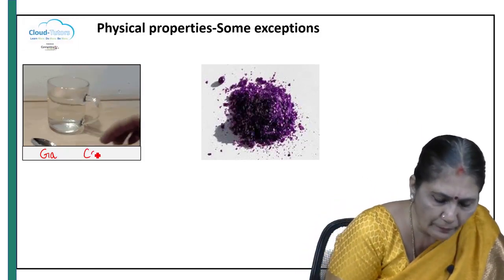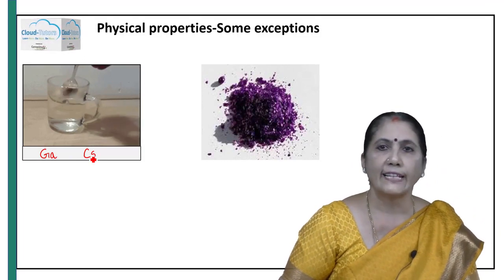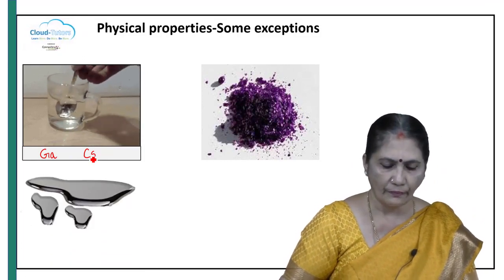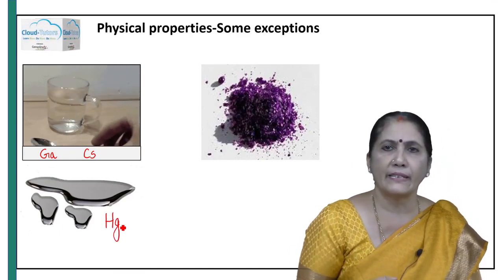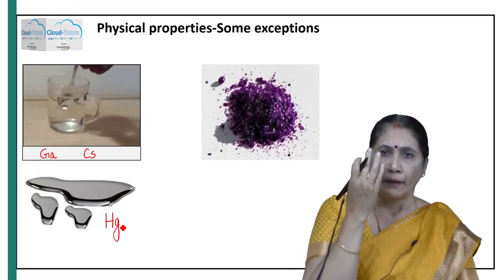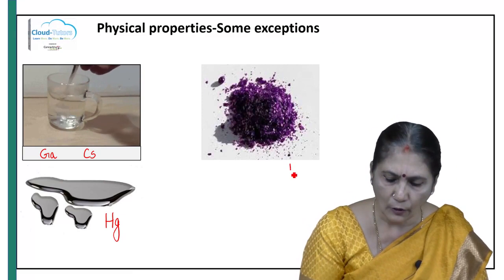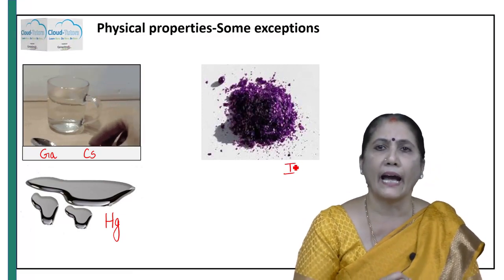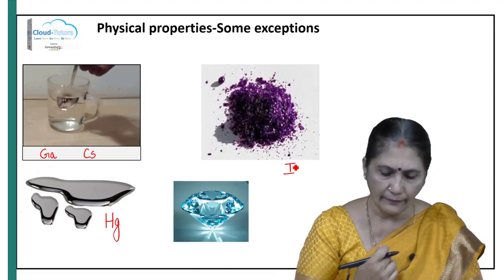You take up cesium. It is another element which has a low melting point. Now, mercury is given by the symbolic representation Hg. It is again an exceptional property of it, existing in the liquid state. You have iodine, given by the symbol I, a lustrous non-metal.